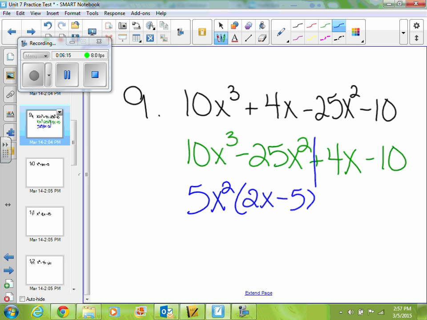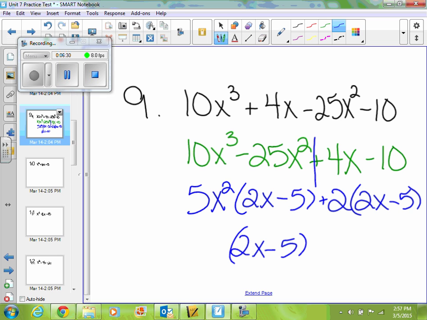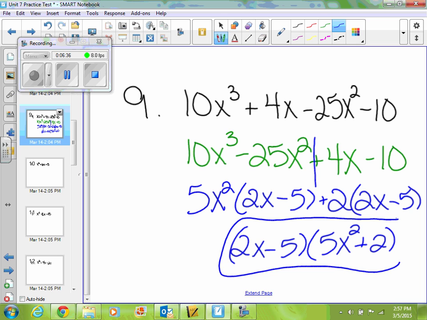What goes into 4 and 10? 2. 4x divided by 2, and 10 divided by 2 is 5. So what's the same? What's left over? Very good. Alright, so any questions on number 9 about what happens when we split them? Pretty straightforward.